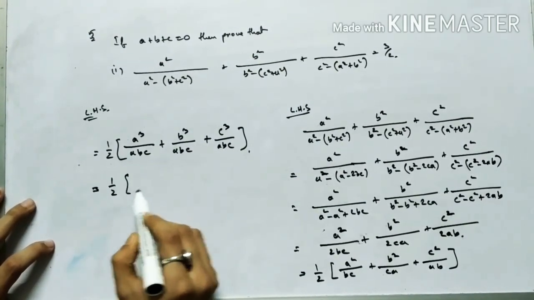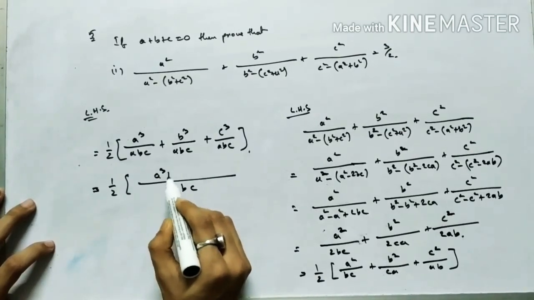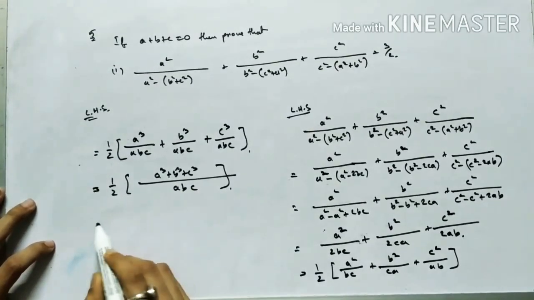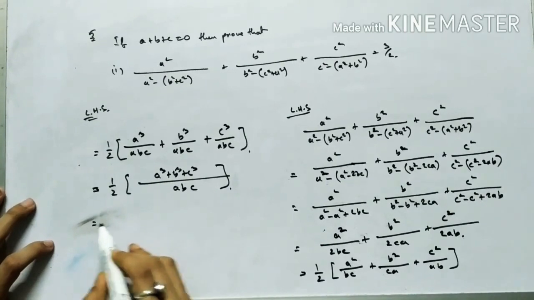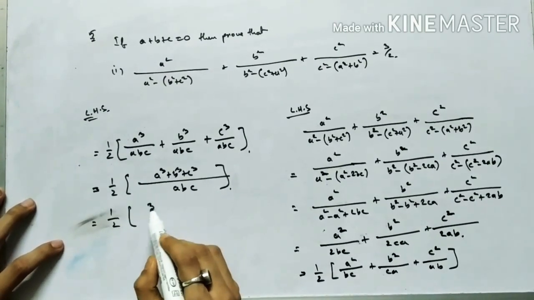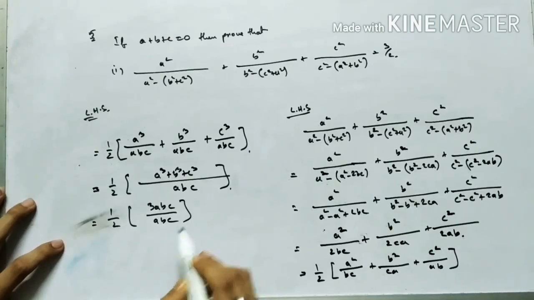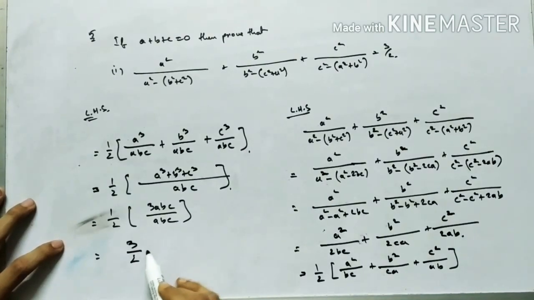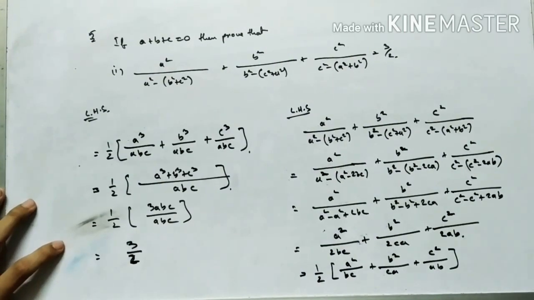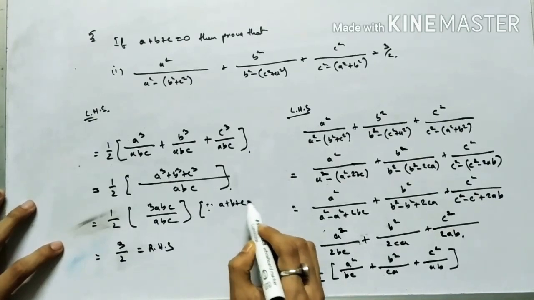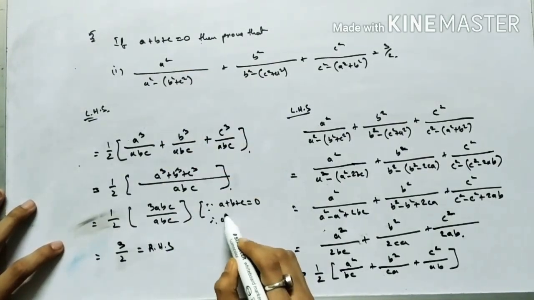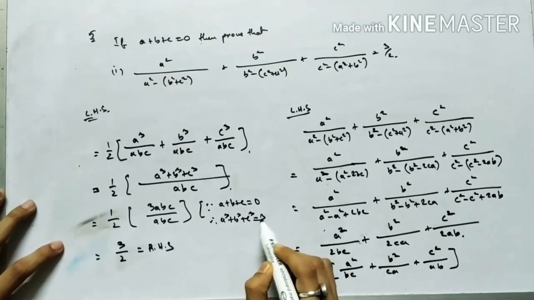So this is equal to 1 by 2, abc, a cube plus b cube plus c cube. Okay, and we know that, since a plus b plus c is equal to 0, this is our given, therefore a cube plus b cube plus c cube is equal to thrice abc.